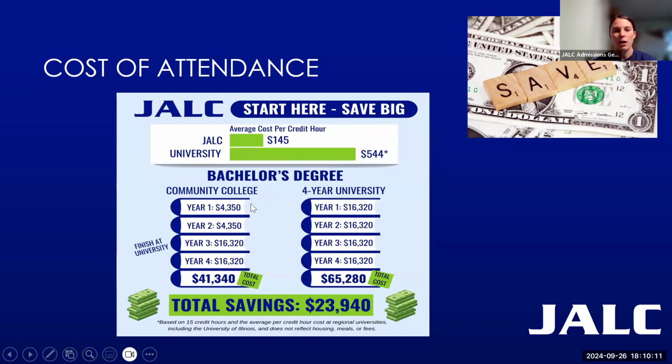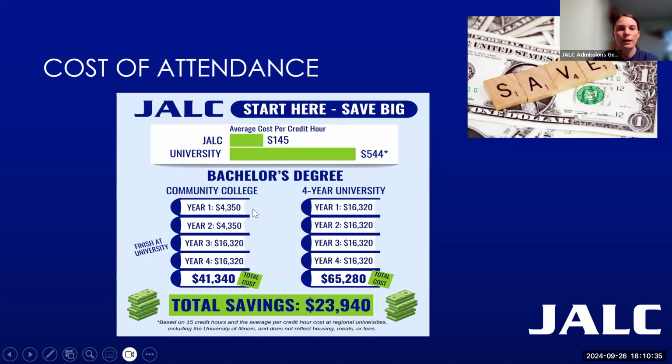So if you start off and you're going to transfer on and get a bachelor's degree, if you start off at a community college first and get those 2 years out of the way, you can see that average there, which again, is a little bit different from the number I presented earlier, but it depends on how many credit hours you're taking, and also how much financial aid you're receiving.